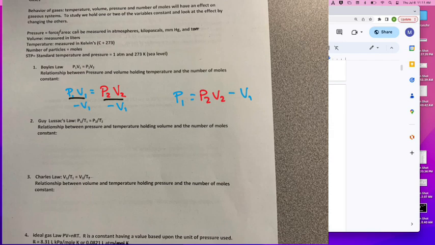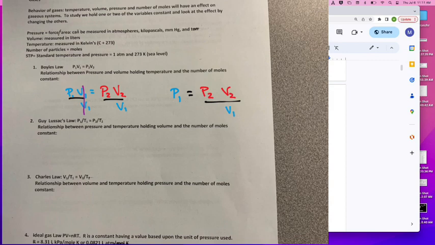Okay? What happens to the left-hand side of the equation? Well, if I divide V1 by V1, what happens? They cancel each other out, which means on the left-hand side of the equation, what do I have? P1. What happens on the right-hand side of the equation? I get P2, I get V2, and then I would have divided by V1.